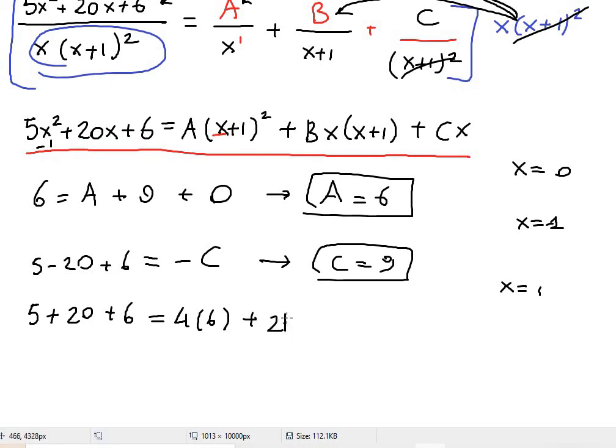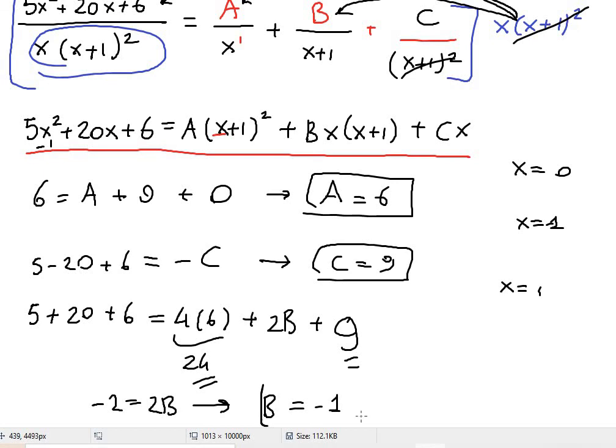It's going to be 2b, plus c times 1. We know that c is 9. 9 times 1 is 9. So this is going to be 24, and 25, 31, 33. Subtract 33 on both sides, so it's going to be negative 2 is equal to 2b, then b will be equal to negative 1.